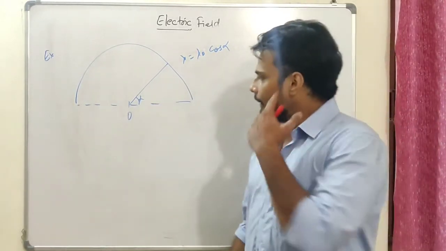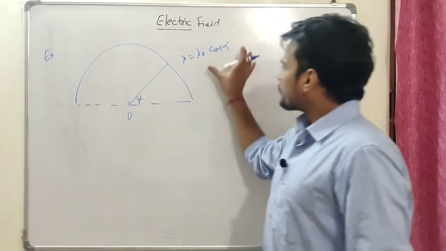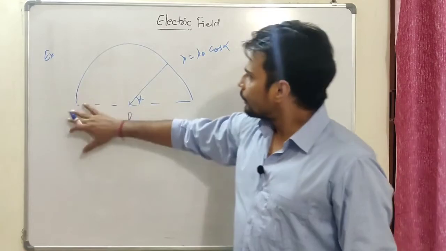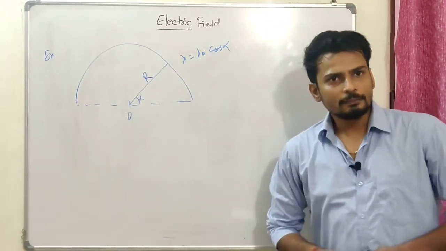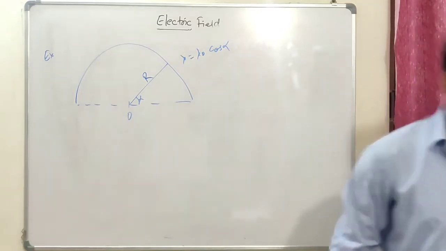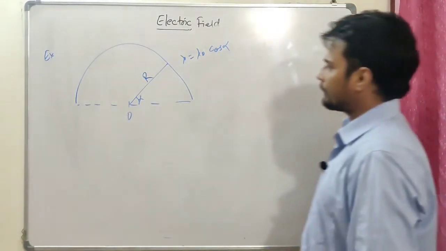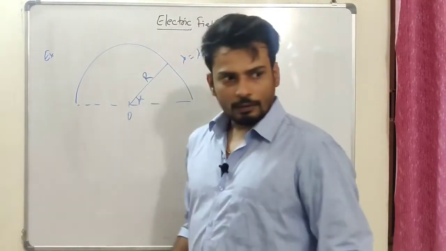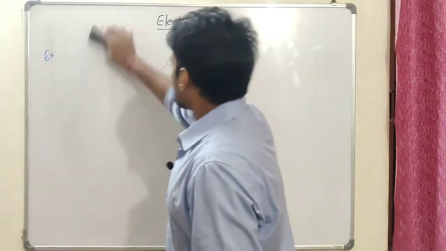My question is, find the electric field at the center at this particular position because of this charge distribution over this arc, and let the radius be r. You can pause the video and try solving it. Now let us try to solve it.